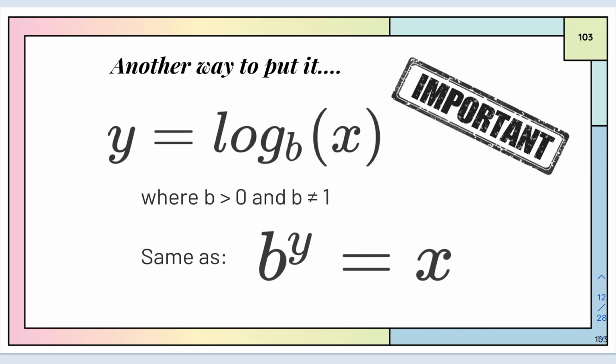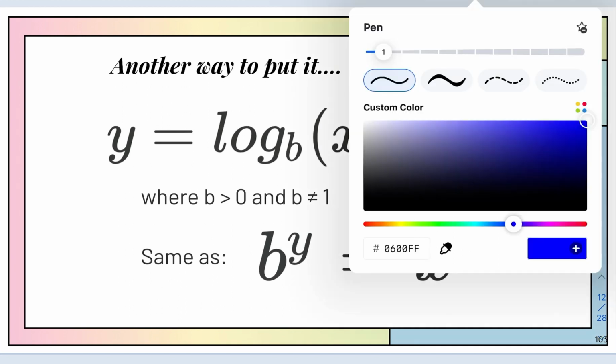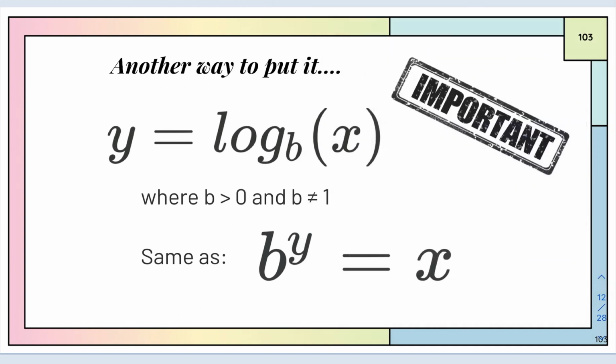Now, we said that if I started with the exponential function b to the x equals y, right here, b to the y equals x is what would happen if I found the inverse of it, right? I switch my x and y coordinate. That's what we do to find an inverse. Well, b to the y equals x, again, is not in y equals form. That is where logs come in. This is equivalent.